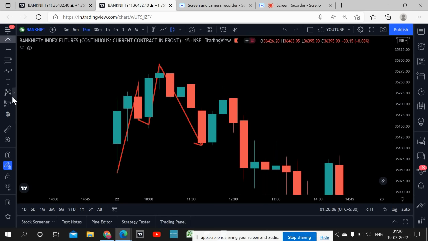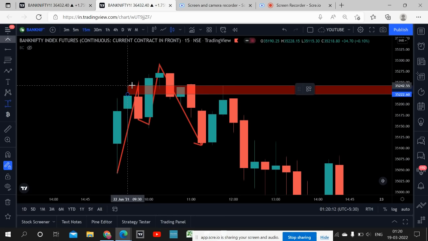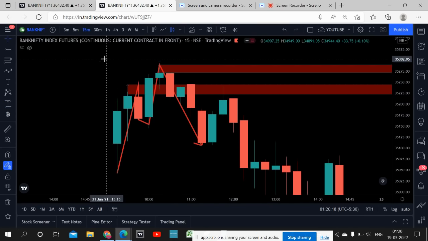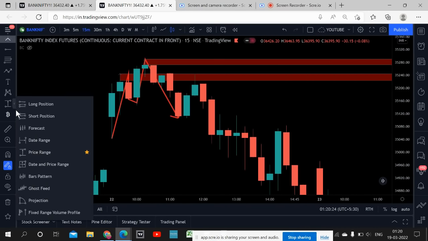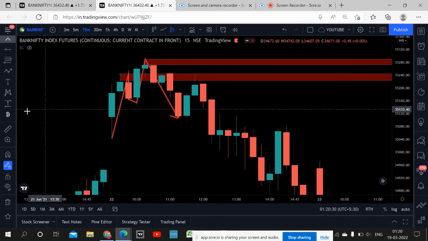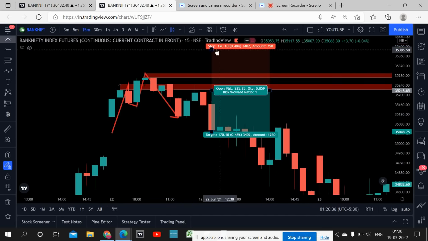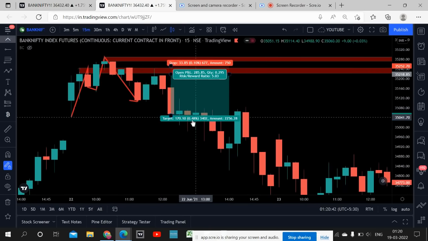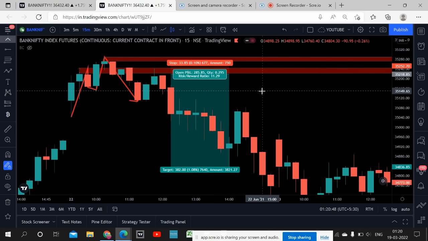So what I'm doing is marking my range. Just for a risk of 33 points, the reward which is given is 382, which is nothing but 1 is to 10 ratio.